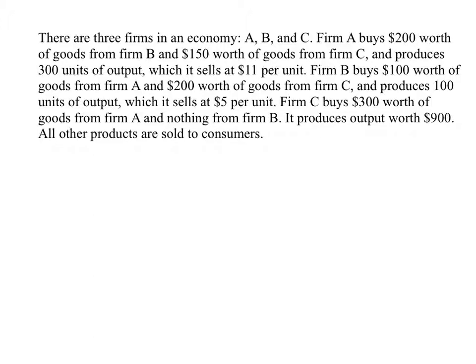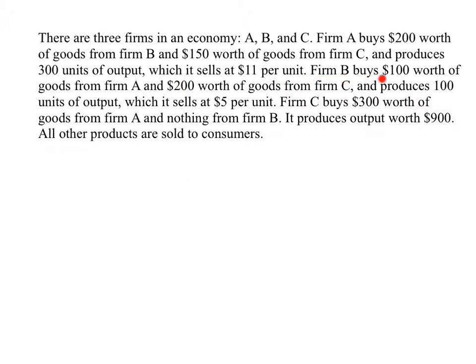Okay, this is very similar to a homework problem that you've had. There are 3 firms in this economy, A, B, and C. And now we have some data on these firms. Firm A buys some of its intermediate goods from B and C, and then they give you information on Firm A's final output, 300 units at $11 each.